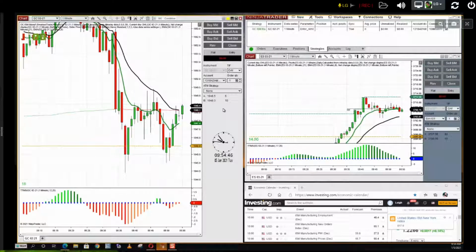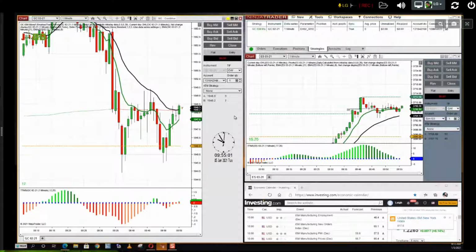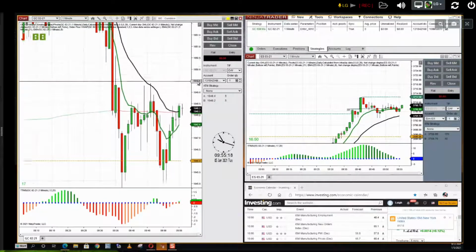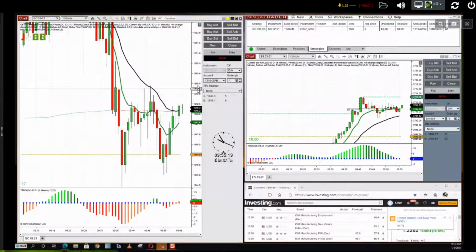If you're trading more than one position, it can combine the orders into one using the closest order to current price as the area it will combine to. So if you have an order here and an order here, and you click the combine button, it'll put them both here because it's closer to the current price. That's how the combine button works. Okay.